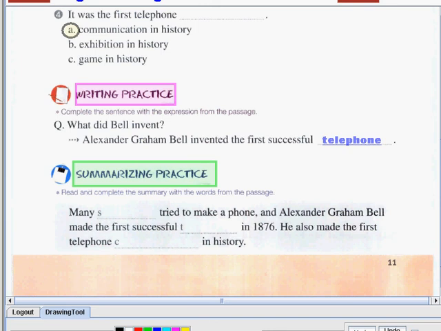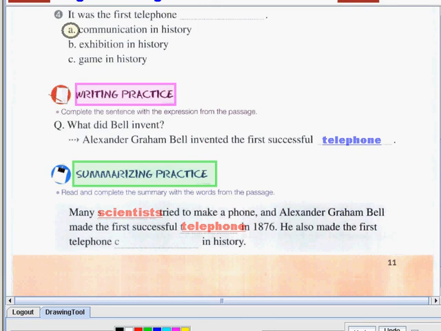Okay, what is the first missing word? The first missing word is scientist. Many scientists tried to make a phone. How about the second missing word? The answer is telephone.